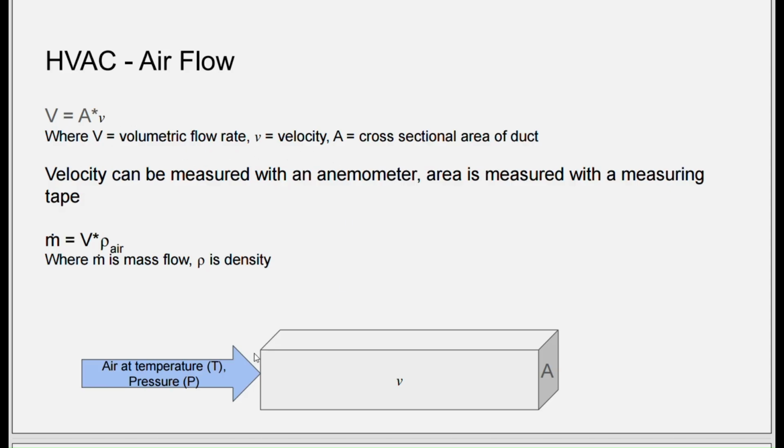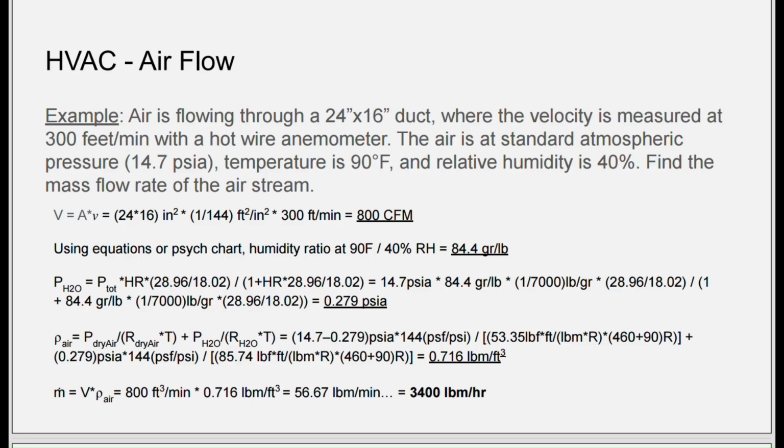So we can measure area, we can measure velocity, therefore we can measure the actual volumetric flow rate. And if we want to know the mass flow, which is not possible to directly measure, you can calculate it with volumetric flow times density. And like we said earlier, if you know pressure and temperature of a gas, then you can calculate its density.